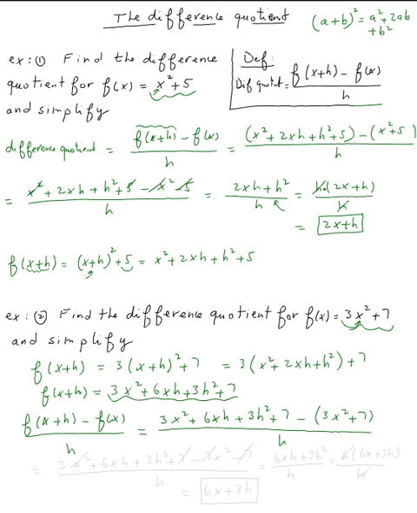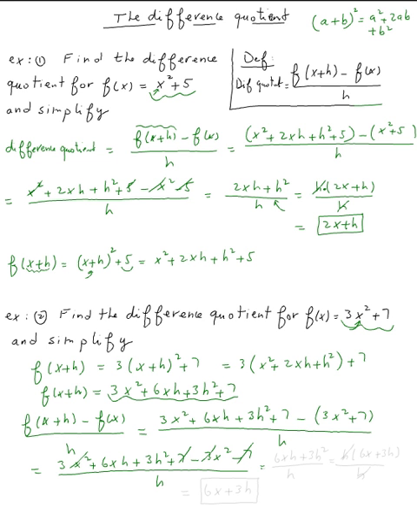Now I distribute the negative 1. This will be equal to 3x squared plus 6xh plus 3h squared plus 7, so that would be minus 3x squared minus 7, everything over h.